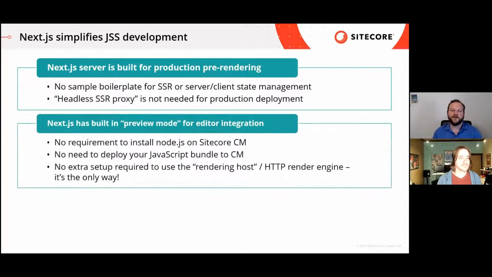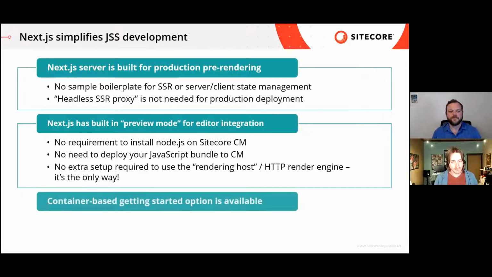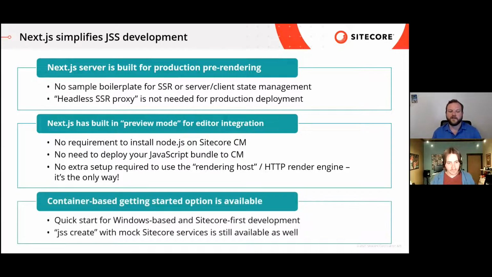Next.js has a really cool preview mode for editor integration. This is actually a feature that was built by the Next.js team to let you preview a lot of your content that you're using inside of Next.js. So this preview mode is really cool. And there are container-based options available. I know containers are really popular now with a lot of different people, so there are container-based options available for Next.js with JSS.